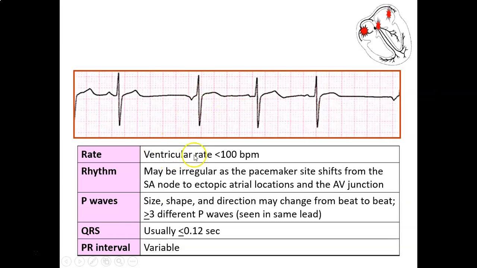Look at this one. The rate here looks a bit slow. Rhythm is irregular. You see the variability between the RR waves. Now, important, look at the P waves. Yes, P wave with QRS complex and T looks normal. But here, the second wave has an inverted P wave. And in the third wave, there is a P wave, but it's a different shape.